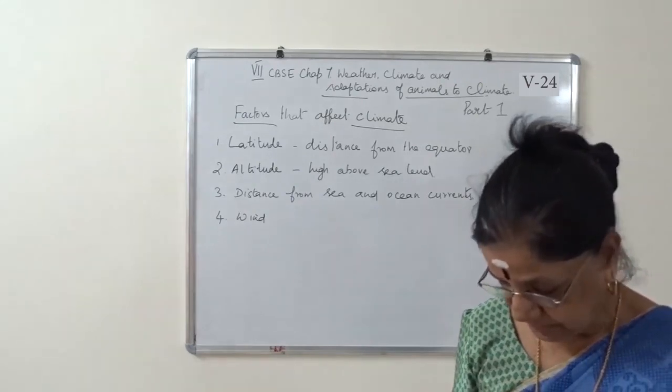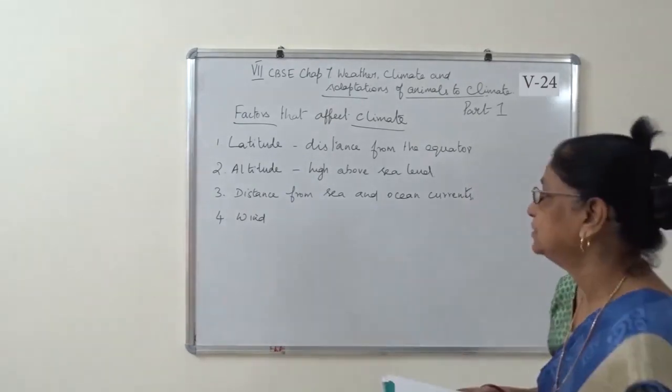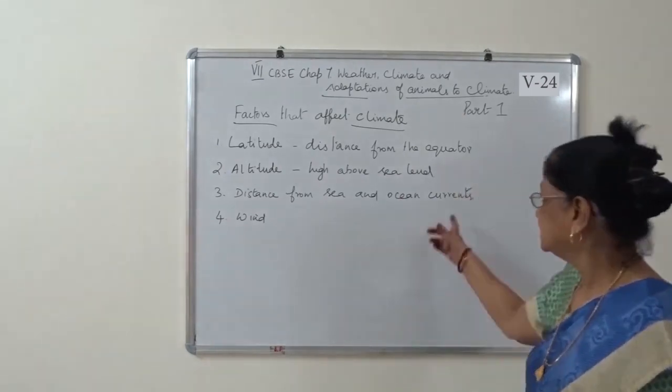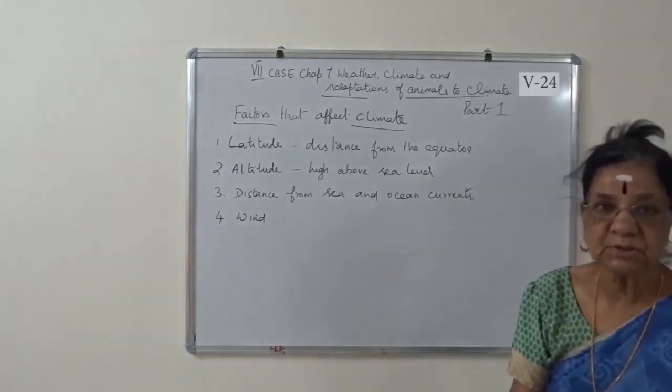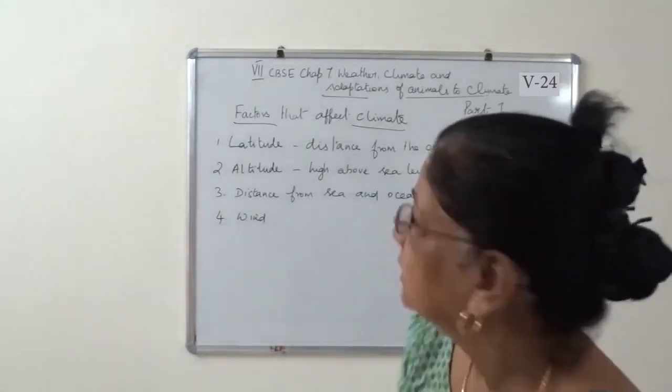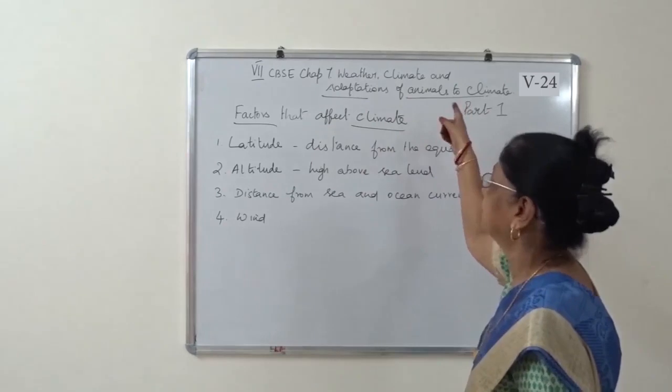Then altitude, latitude and distance from the sea and ocean wind we have studied, right? So this is the first part of the lesson on weather and climate.